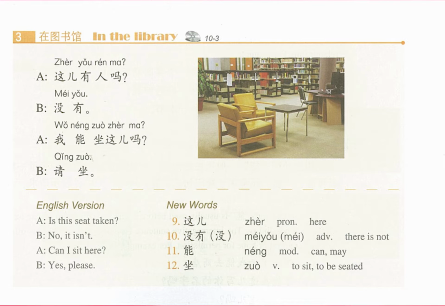Number 1. 这儿有人吗？这儿 means here, but people from the north of China say 这儿 because they always add this sound. But I'm not from the north, I'm from the south. I say 这里, which also means here. 有人吗？有 means have or has, or it could also be there is or there are.